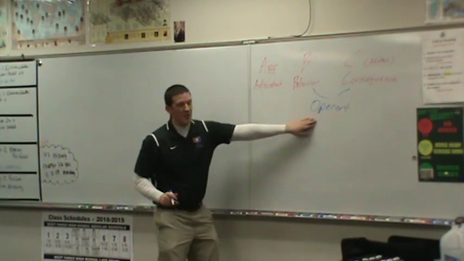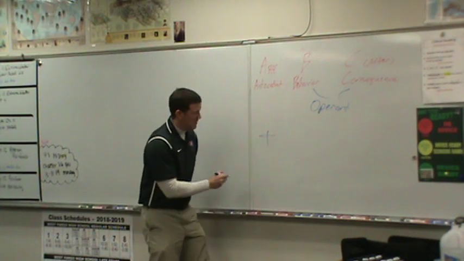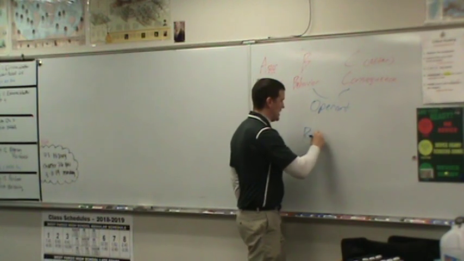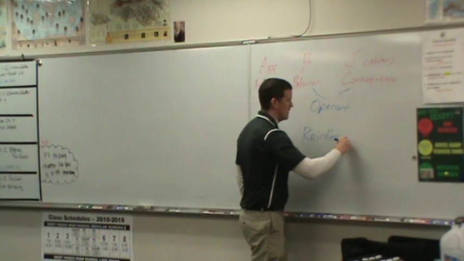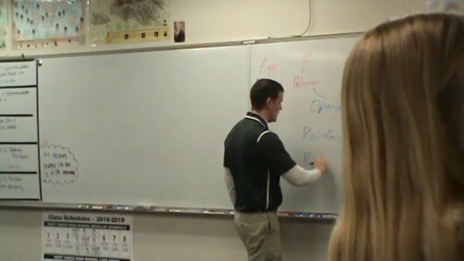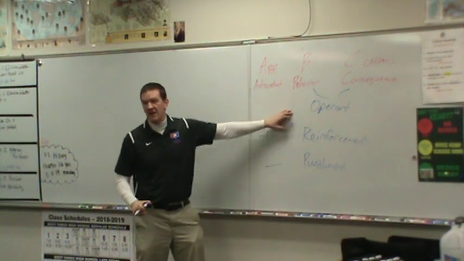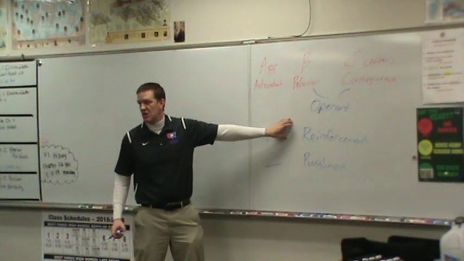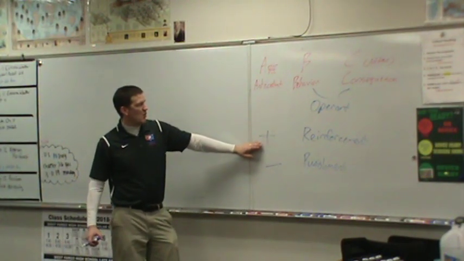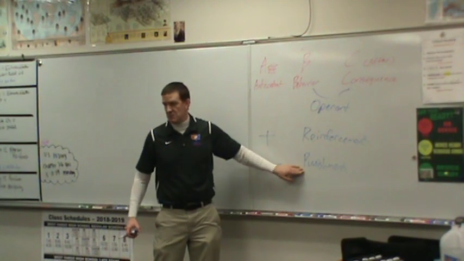So, in operant conditioning, we have to remember what positive means, what negative means, what reinforcement means, and then what punishment means. Identifying the type of operant conditioning we're seeing involves figuring out whether it's positive or negative, and whether it's reinforcement or punishment.